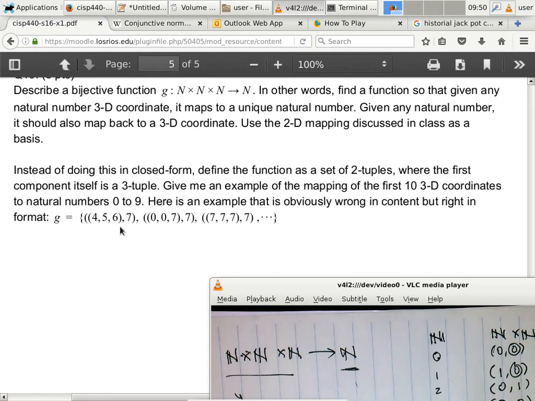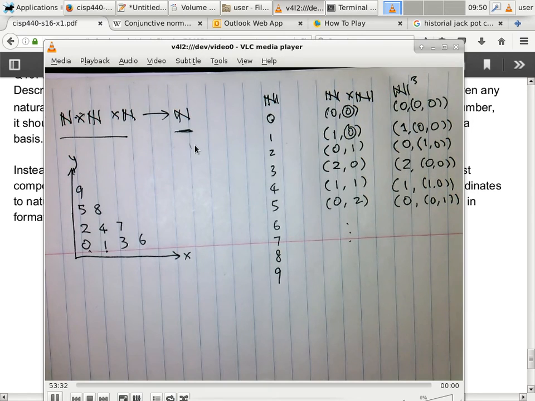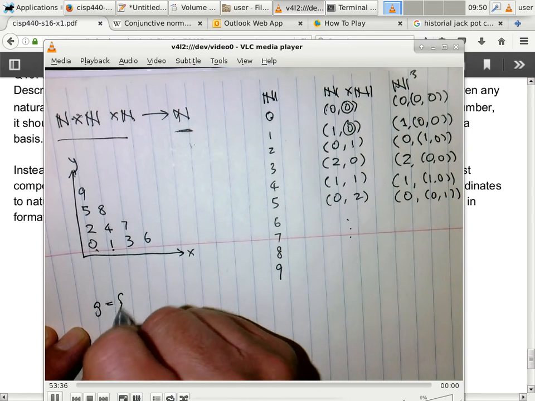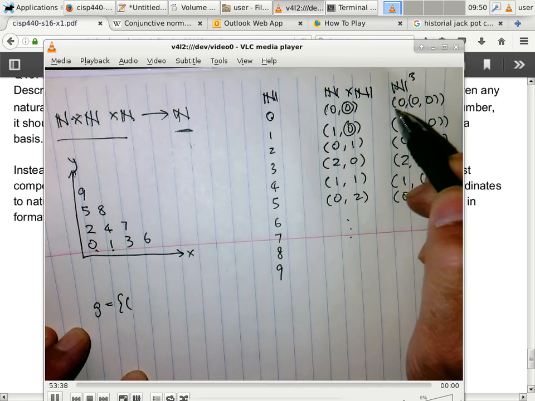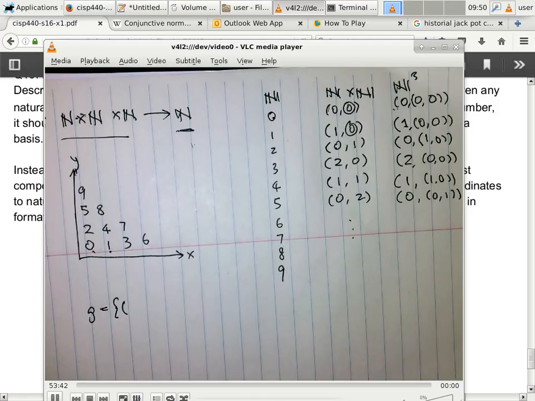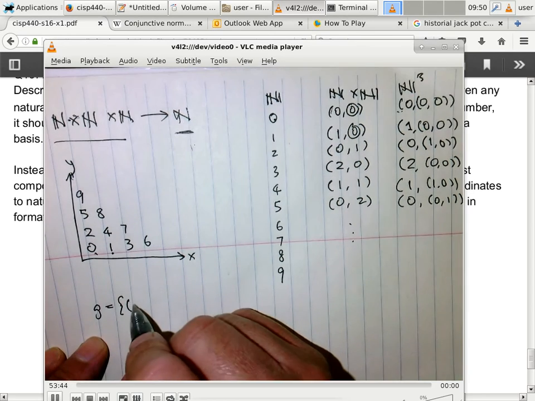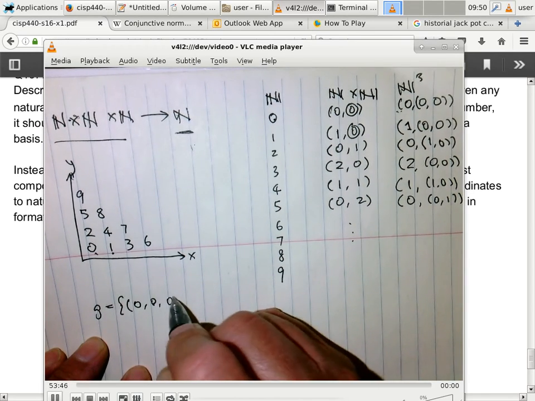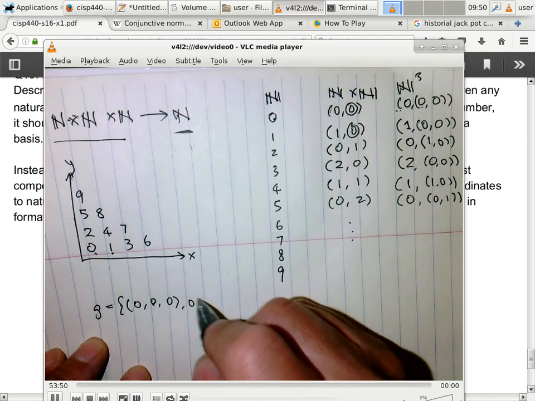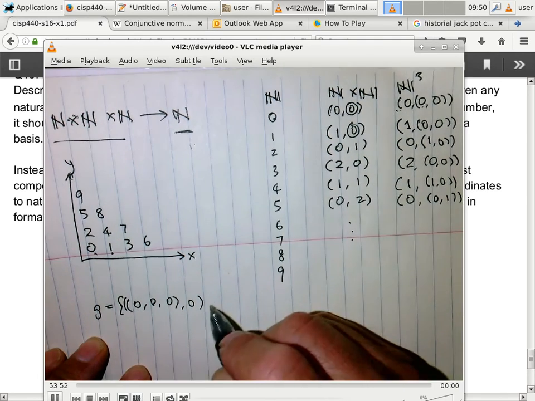Okay. So in our case, if I want to submit the actual answer, G is going to be a set, and then what you do is you basically just map all of these. So you're basically just mapping 0, 0, 0. Whether you put extra parentheses is up to you. Map it to 0. That's the first 2-tuple.